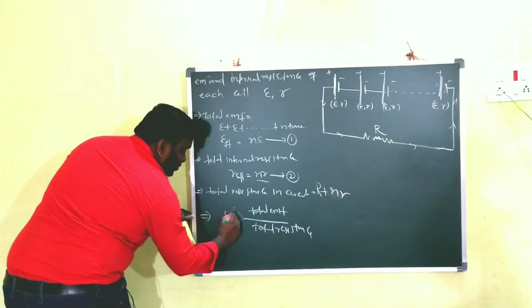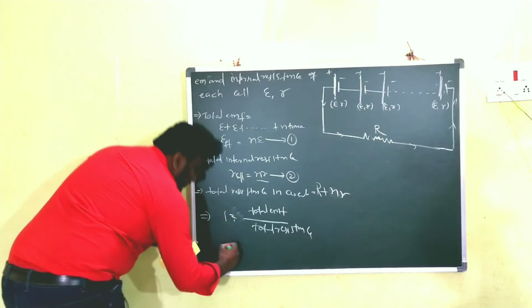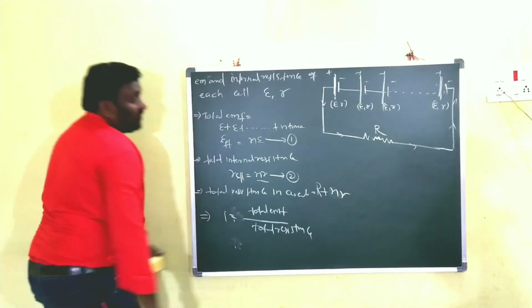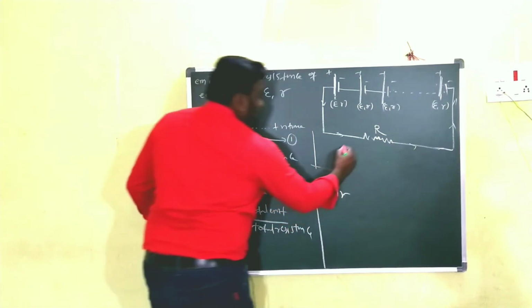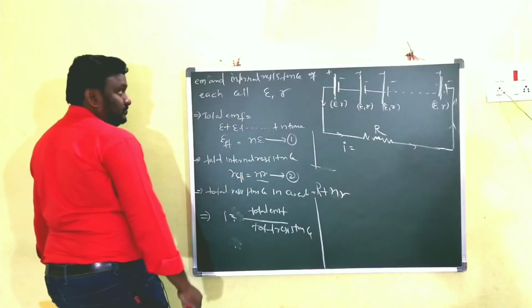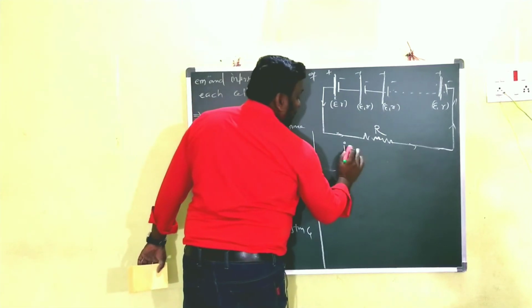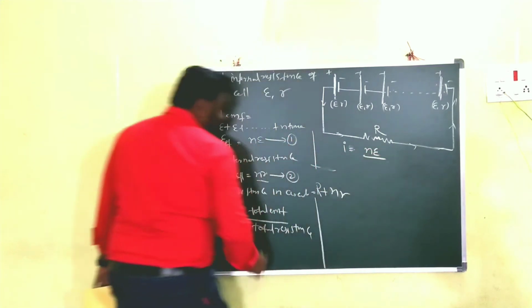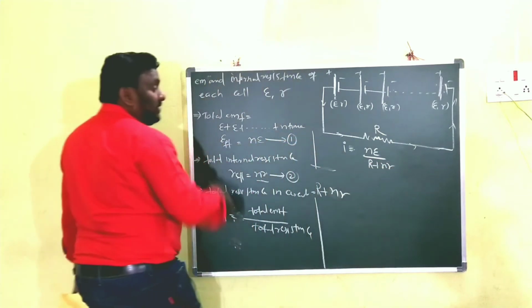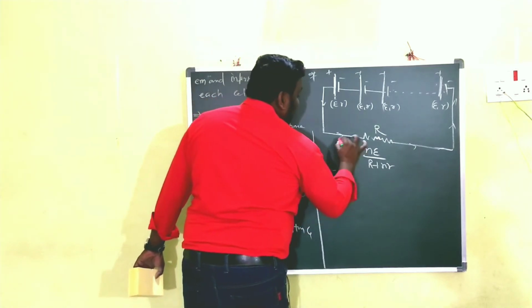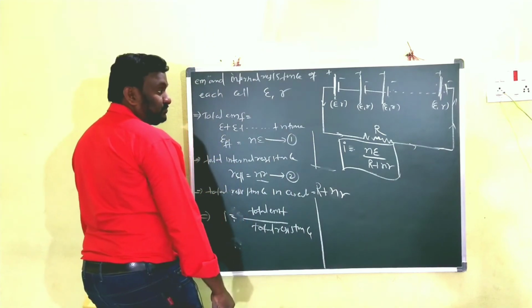So current I is equal to n epsilon by total resistance, which is R plus n r. So children, this is the expression for the amount of current in the circuit in series combination. Clear?